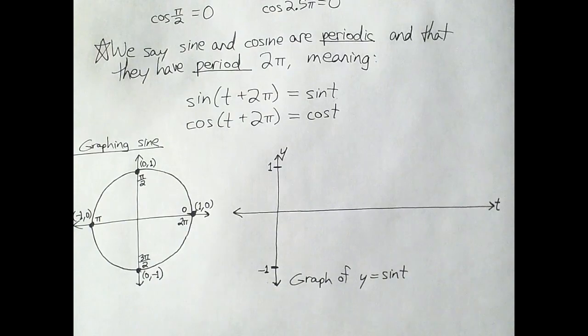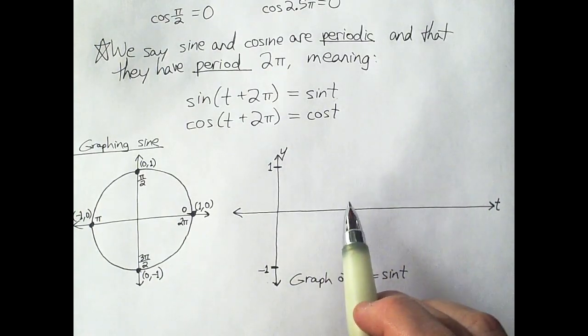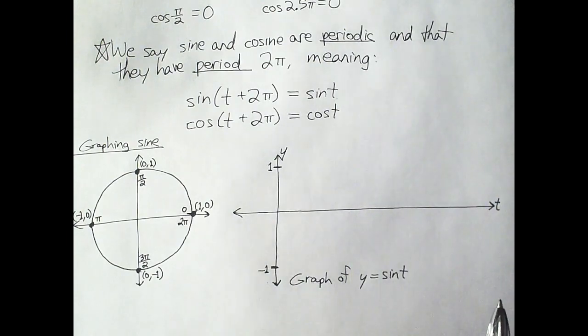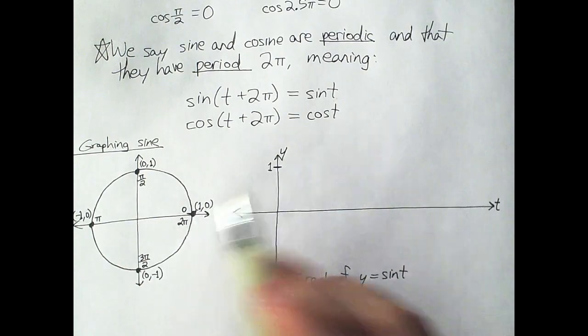Now, I labeled some things on the y-axis, the max height of 1, the min height of -1. What are some t values that we might be interested in? I know that when we go around the unit circle once, we've gone a total of 2 pi.